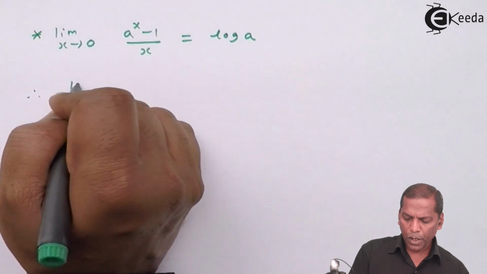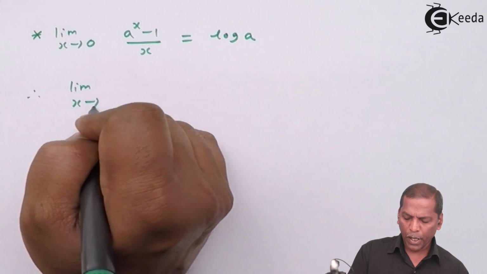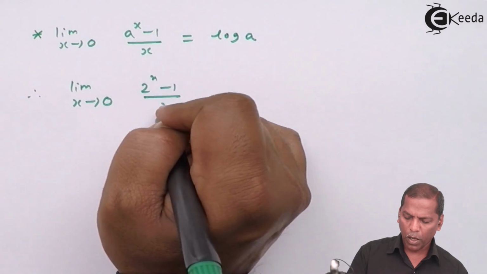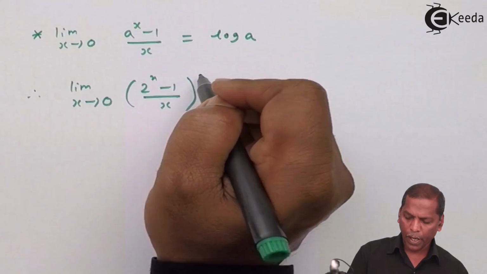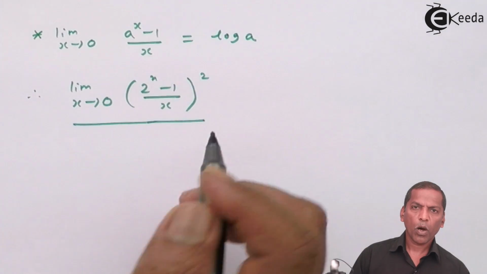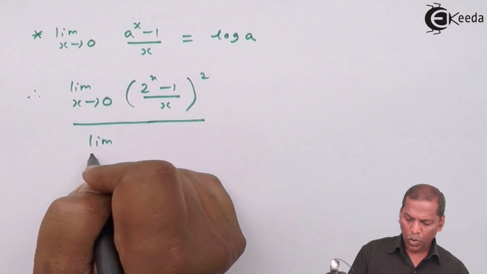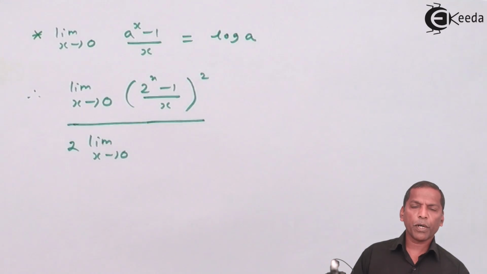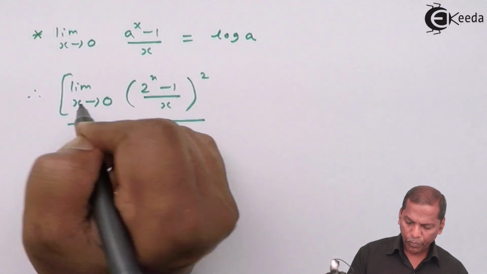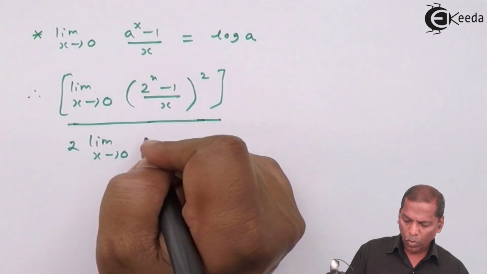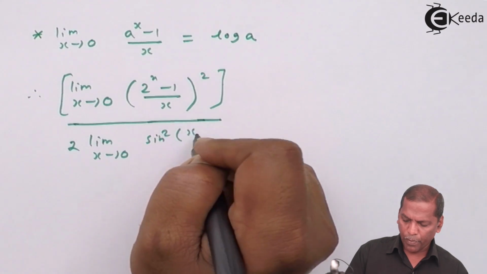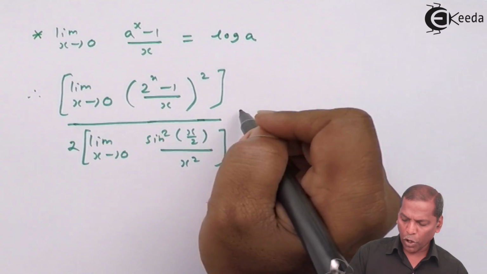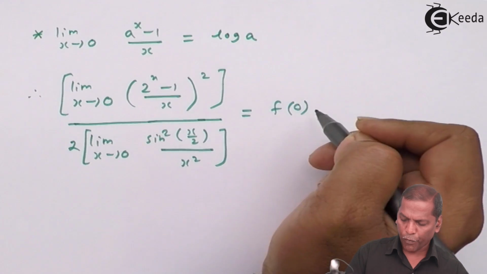So in the present case, we write limit x tends to 0 of ((2^x minus 1) upon x) the whole square, upon, limit x tends to 0, we write 2 as a constant term, so it is outside the limit, then sin square (x by 2) upon x square in the denominator, and that equals f of 0.